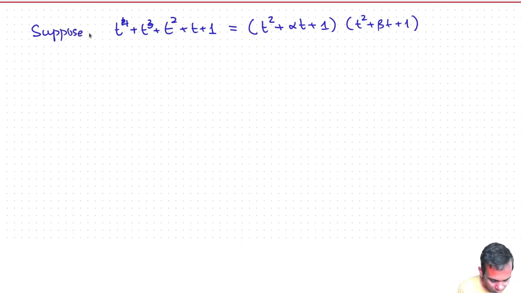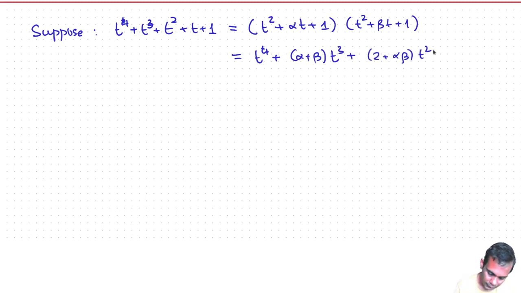And alpha, beta need not be rational numbers, they just need to lie in a quadratic extension of Q. So if we expand this, what we get is t to the power 4, then the coefficient of t cubed is alpha plus beta, and then the coefficient of t squared is 2 plus alpha beta, right? And then the coefficient of t is again alpha plus beta, and then plus 1.